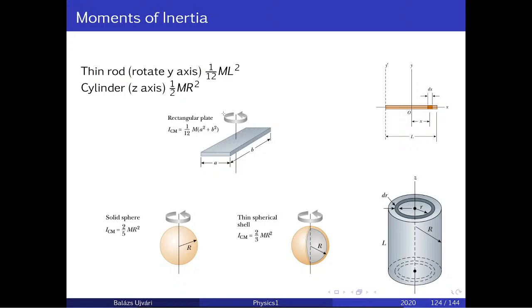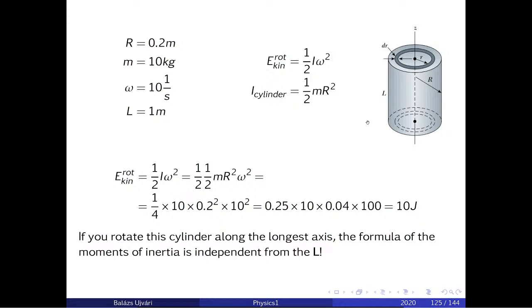So moment of inertia is something that can describe not only the mass of the body, but also the shape of the body. How can we use it? If, for example, we have a cylinder and rotate along this z-axis, the moment of inertia is 1/2 mr².